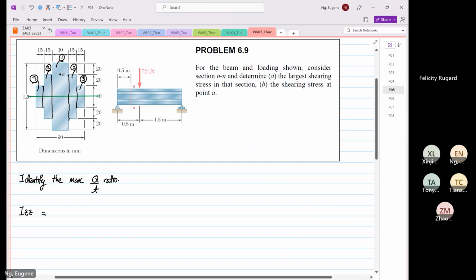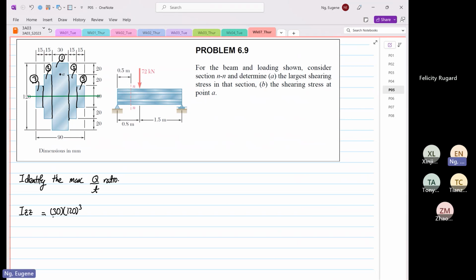So the width is 30 for section 1. The depth is 20, 40, 60, 120, cube over 12.